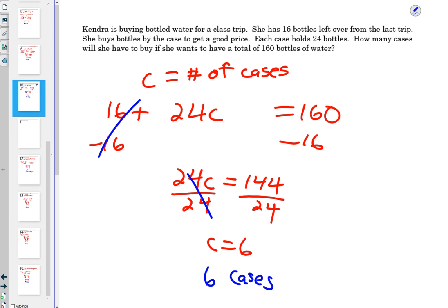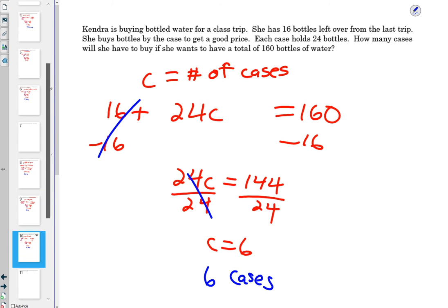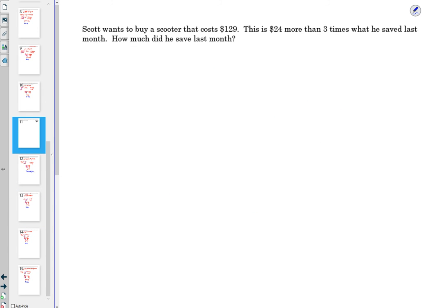Oh, I did. So you want Scott and a scooter? Oh, Scott wants to buy a scooter that costs about $129. So 129 is, so something equals 129. Oh, let me define first. Define the variable. So let's just do X equals money saved last month.